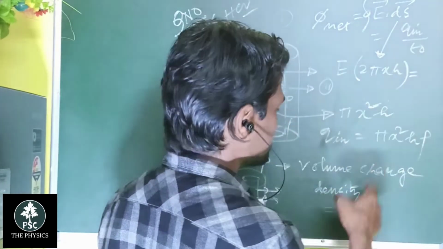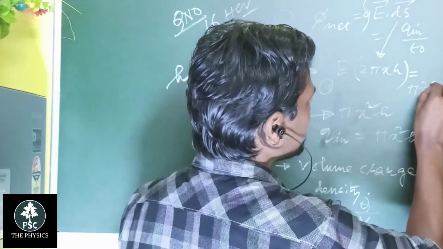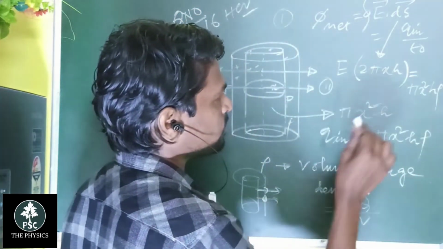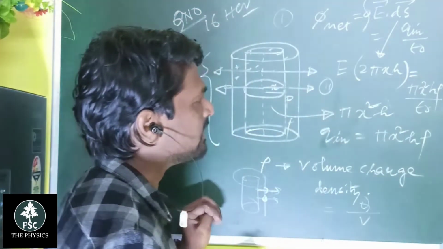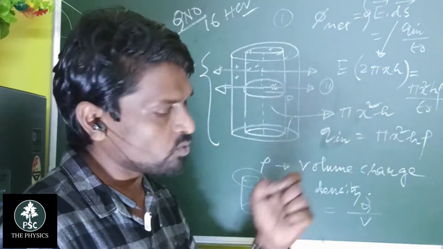So E into 2 pi x h is equal to q inside, that means pi x squared h into rho by epsilon naught. Okay, so E into 2 pi x h equals pi x squared h rho by epsilon naught.